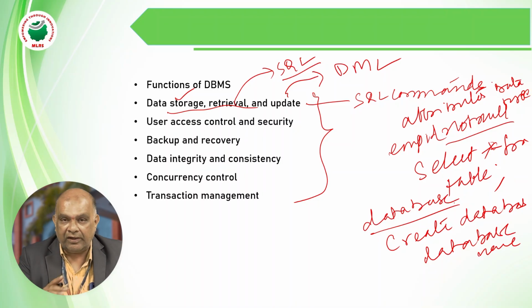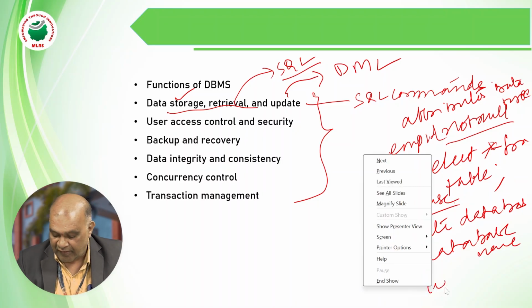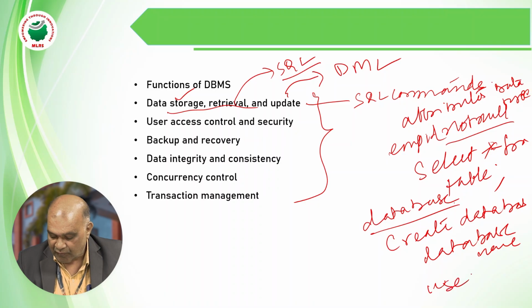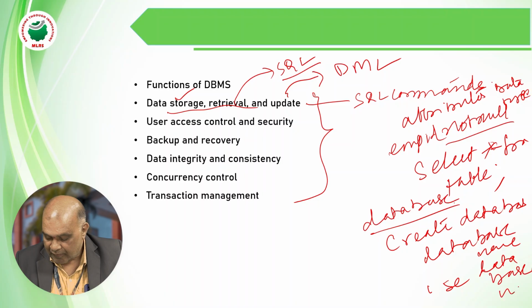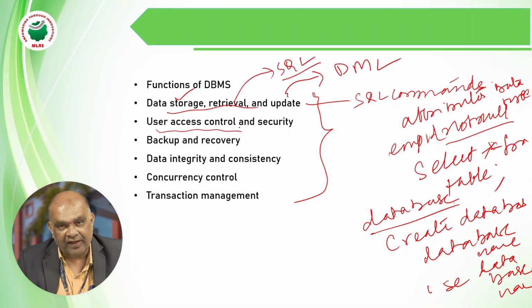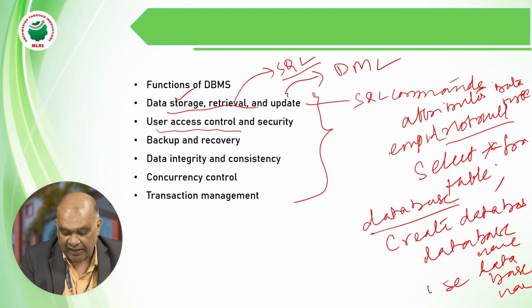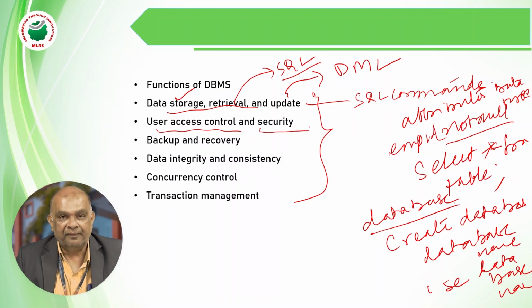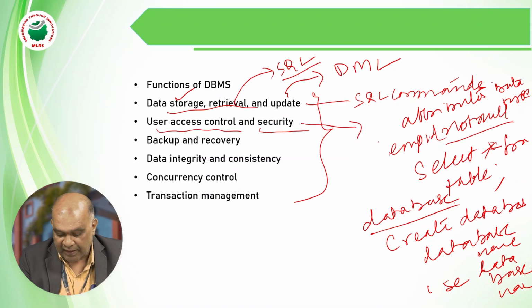We want to enter into that database, so you say use database name. Then I will enter into the database and now I can perform all the operations like creation of the table, altering the table, updating the table. So here the user access control is there because for each and every user a database is created and definitely there is security, right? We can provide the security to that particular user.